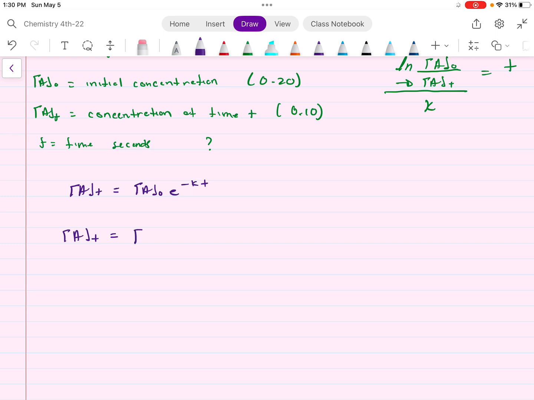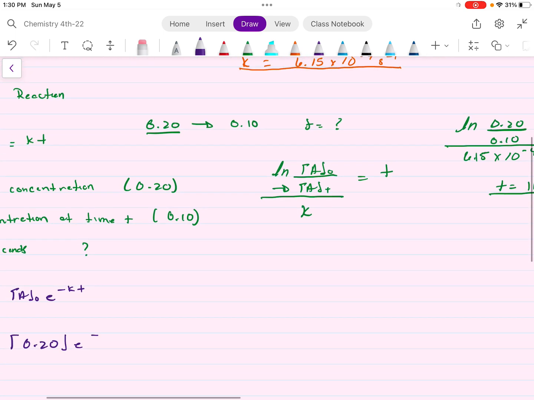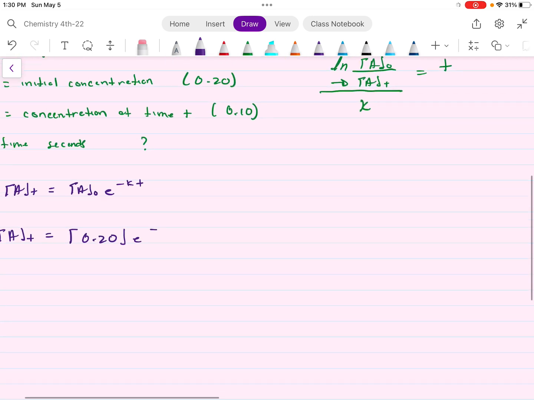So our initial concentration, we'll start with the same one, which is 0.20, right? Then we're going to take e to the negative. Remember that our k is 6.15 times 10 to the negative 4. And then we're going to multiply that by 1,000 seconds, right?